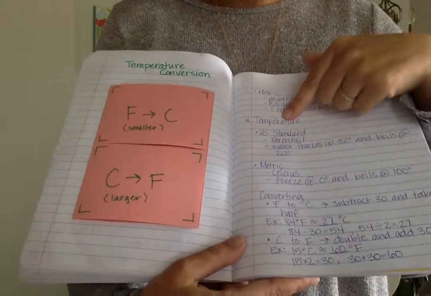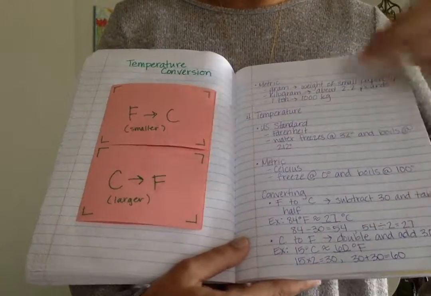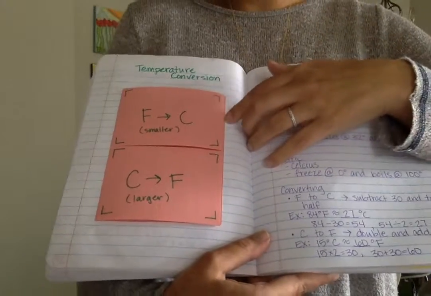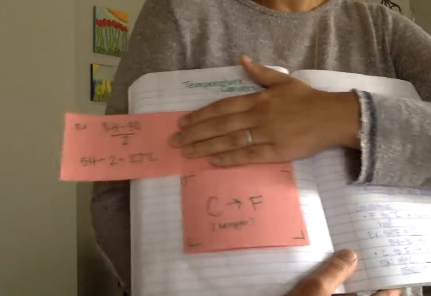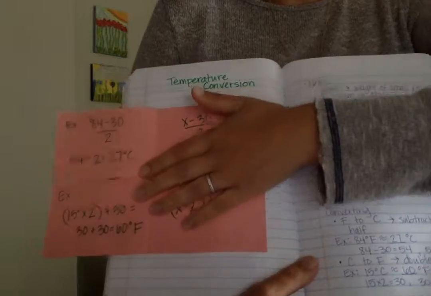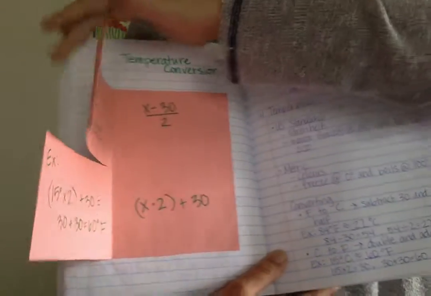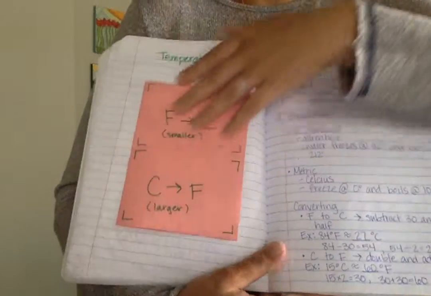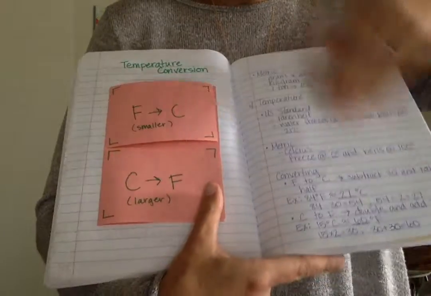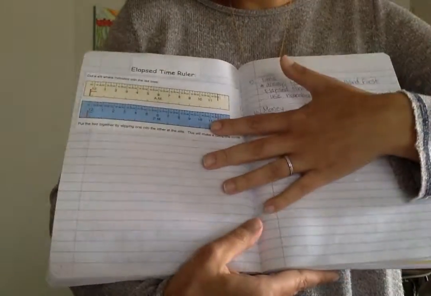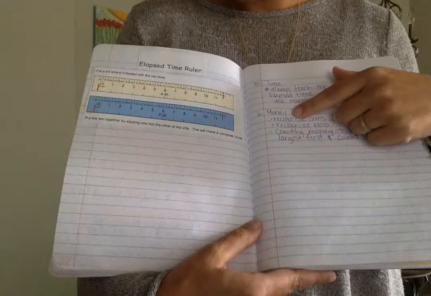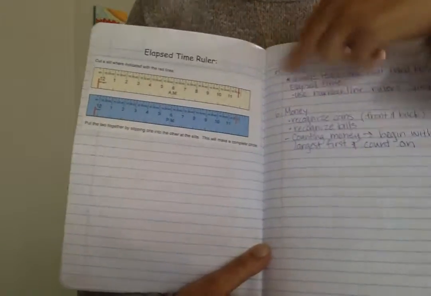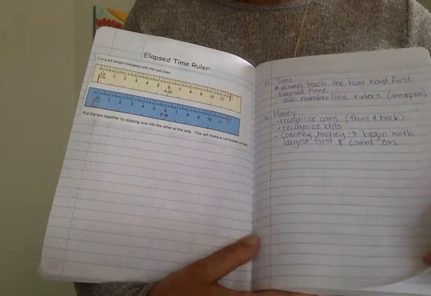And then temperature with some examples, and just a little foldable with the formulas for converting from Fahrenheit to Celsius and Celsius to Fahrenheit. And then time and money, and I glued in the elapsed time ruler.